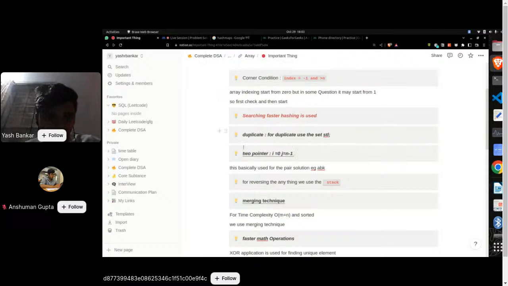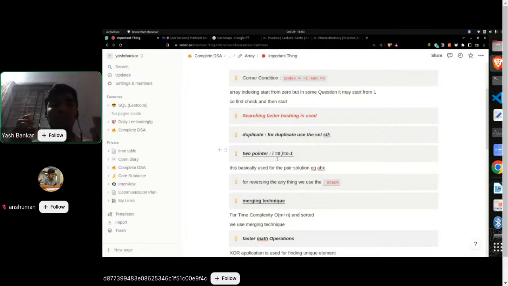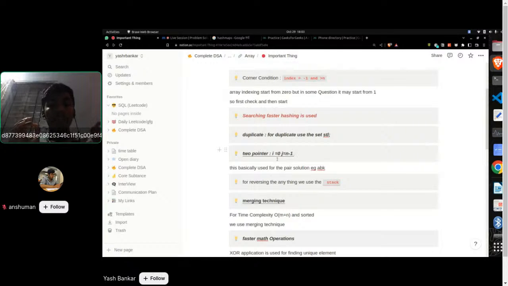So, two pointer approach. Two pointer means we have two pointers, not actually pointers, these are index pointers. For reversing an array, we put our first pointer at the start of the array and the second at the end. I know it is a very basic example, but it is mandatory to know.